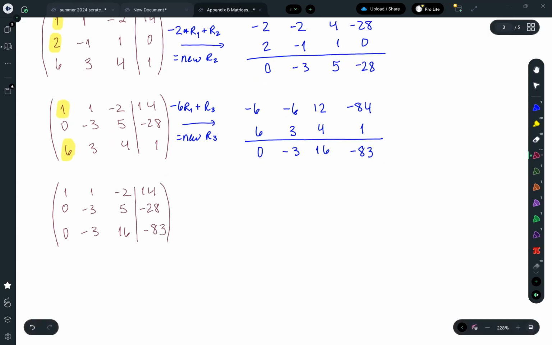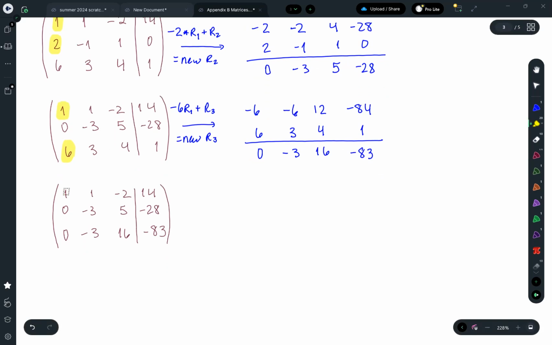And so now what we can see is that the first column looks beautiful, 1, 0, 0. That is getting the first column into row echelon form. Okay, so if I have a 1 in row 1, column 1, then I should have zeros below it, and I do.